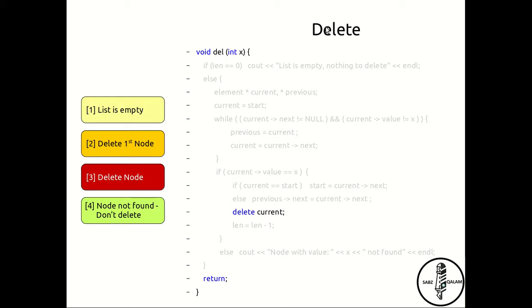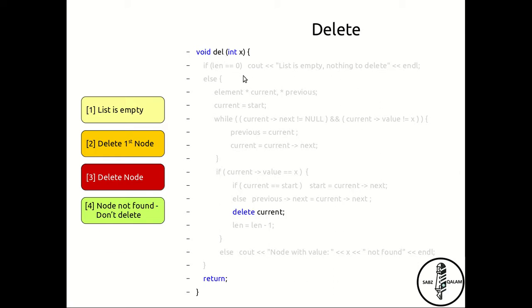The reason for that is delete is actually a reserved word which is used to delete pointers, or dynamic memory allocations. So I would not recommend you to use the word delete for a delete function. Just use the word del or something similar.